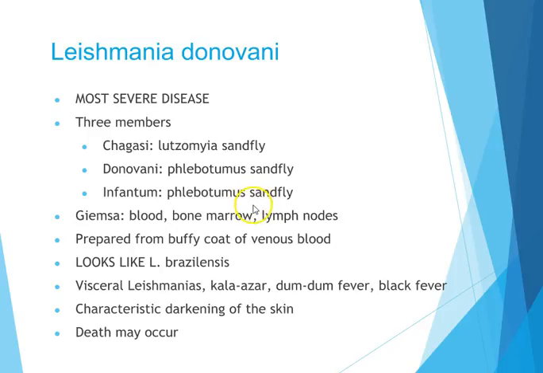A Giemsa stain should be done, and this is done on blood, bone marrow, or the lymph nodes. And also a buffy coat can be performed of blood from the patient. It looks just like the other organism. The patients have visceral leishmaniasis, Kala-Azar, Dum-Dum fever, or black fever, and these are all the same disease.